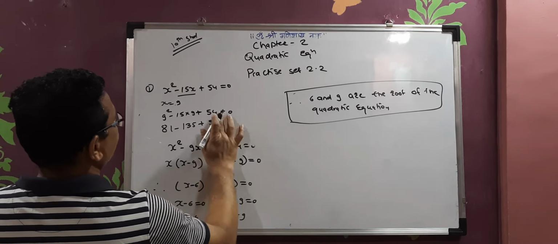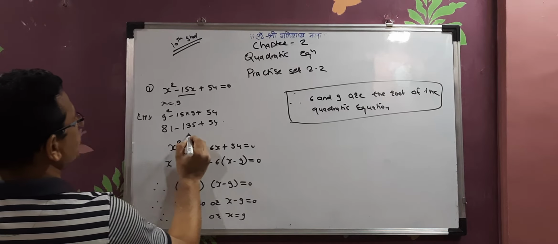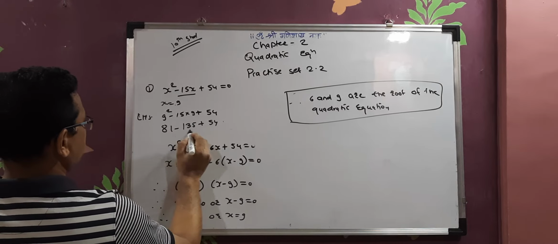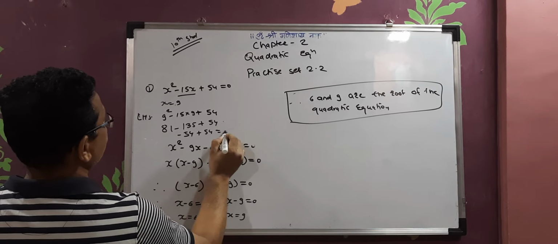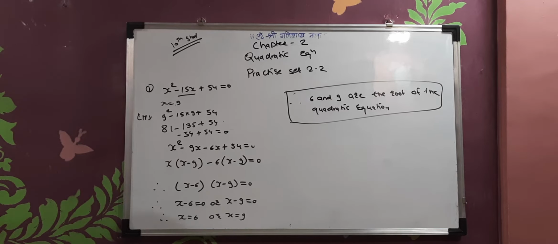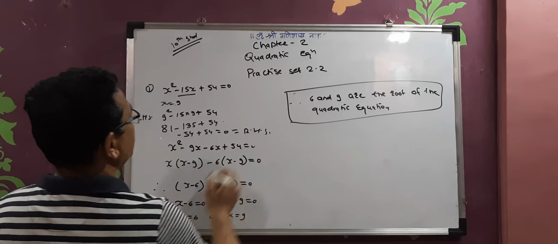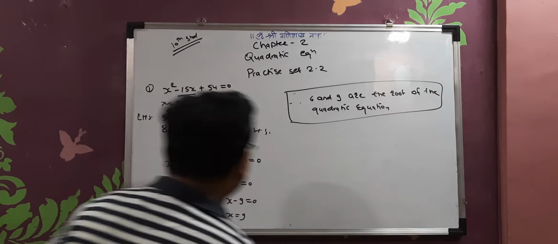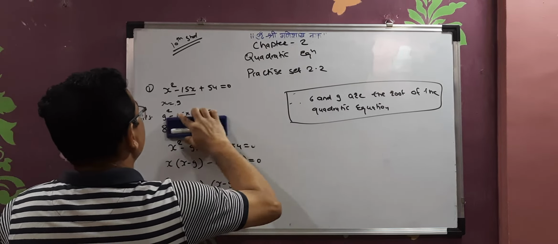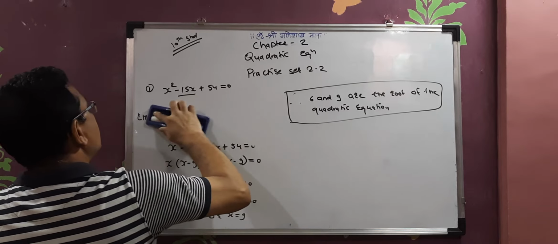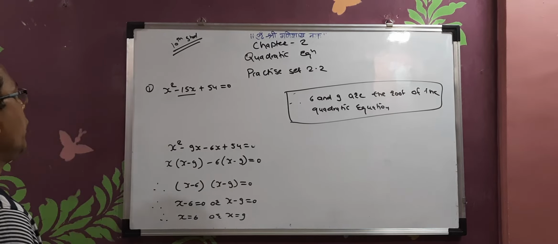This is the left hand side. So this is 81 minus 135 plus 54 is equal to 0. So it is satisfying the right hand side. It is satisfying the given requirement because it is coming 0. It is equal to the right hand side. So both these values are satisfying this equation. So these are the roots of the quadratic equation.